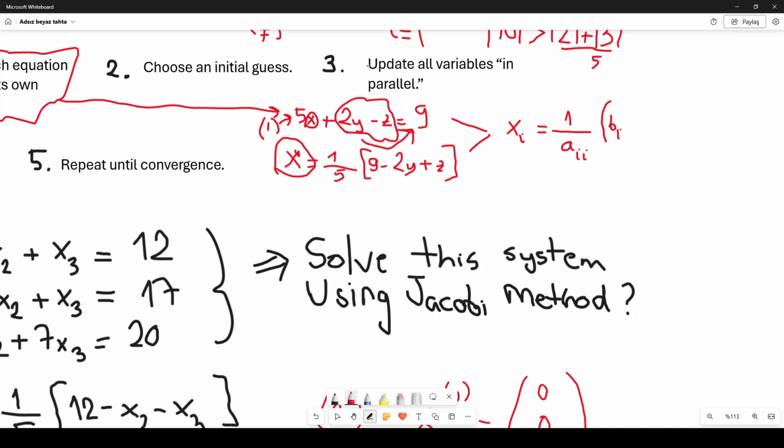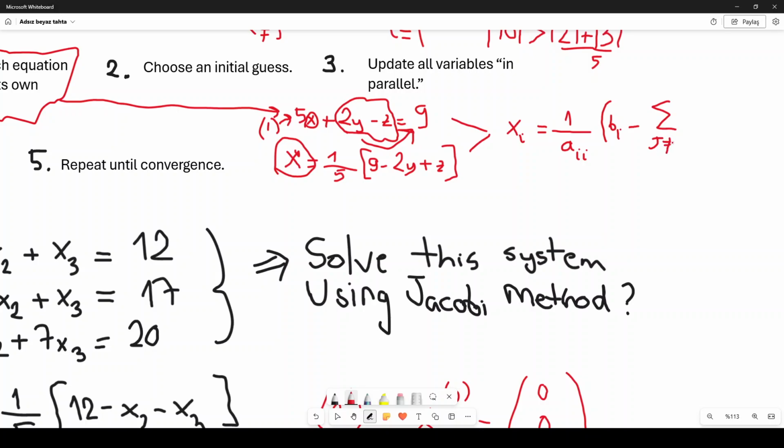In this case, the value 9 represents bi, minus everything on the left hand side besides the corresponding unknown variable, besides x. So 2y minus z, we just move them to the right hand side of the equality. And if I want to formulate it, we can represent it by a summation sign.